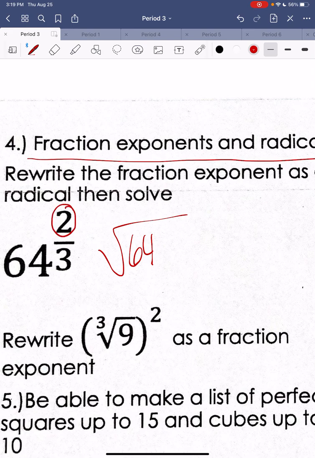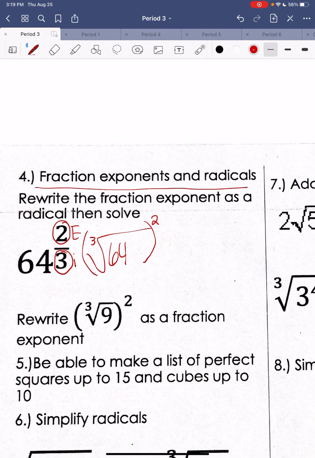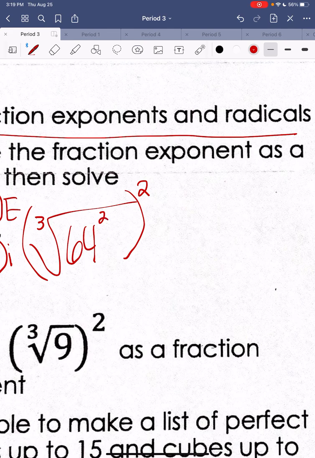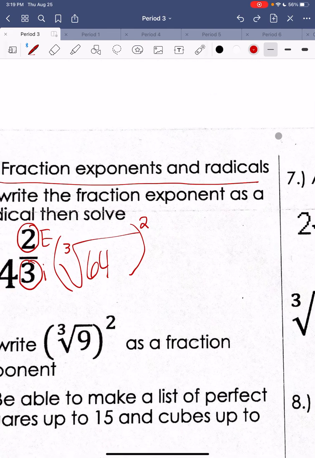The number on top is always our exponent, and the number on the bottom is always our index. Our indexes go here, and exponents go either here or here. Either one is an acceptable answer. So you could rewrite this with parentheses with an exponent of 2 on the outside, or you could have the 2 on the inside next to the 64. But because it says solve, we would need to finish solving this problem. The cube root of 64 is 4, and 4 squared is 16.